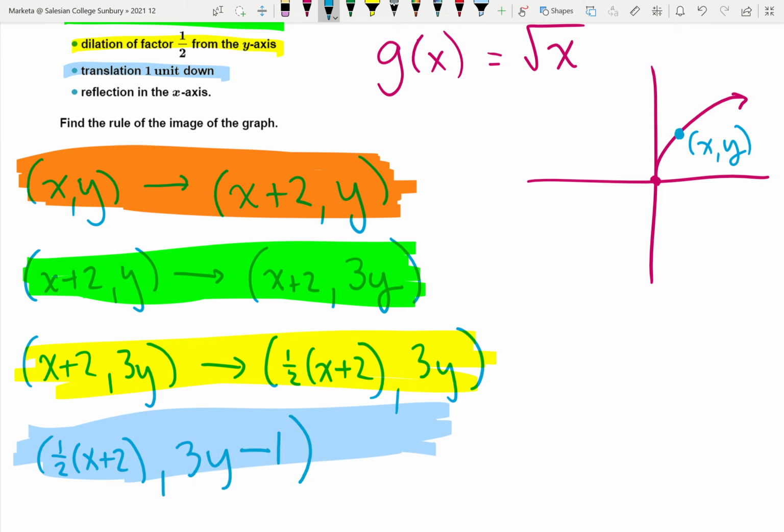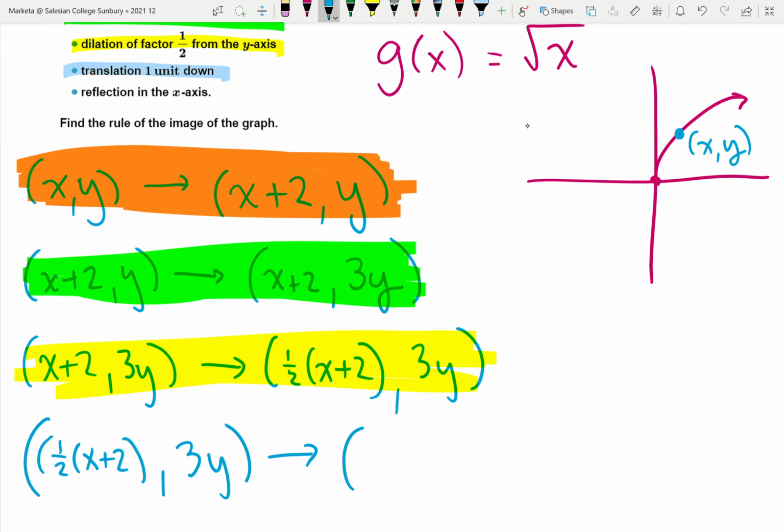So that's our new point. Oops, I didn't write the old point. One second. So that's the old point mapping to the new point. There are so many brackets here. Half (x plus 2), and we are translating 1 unit down, so comma 3y minus 1. So now we've got it like this.